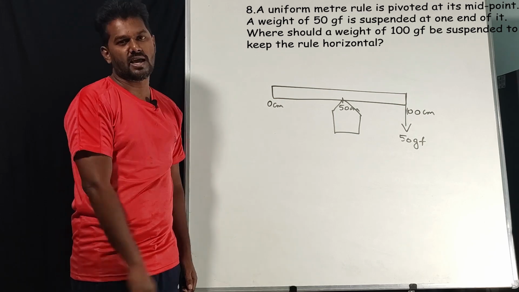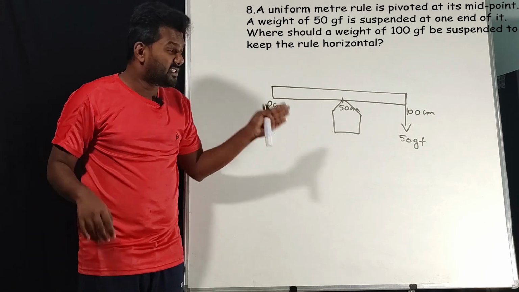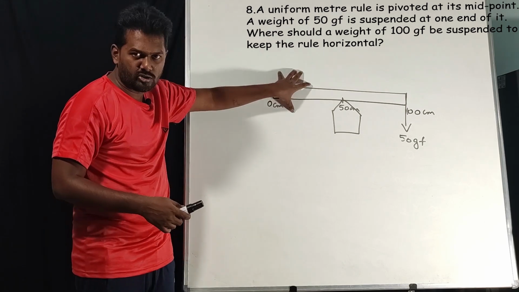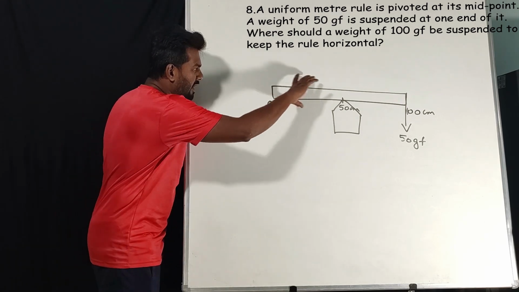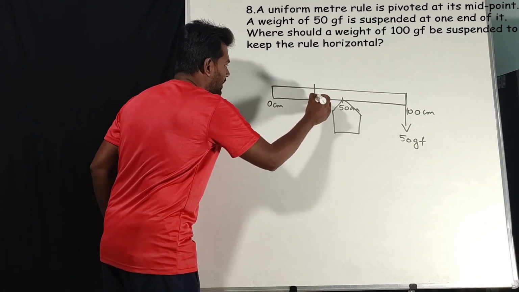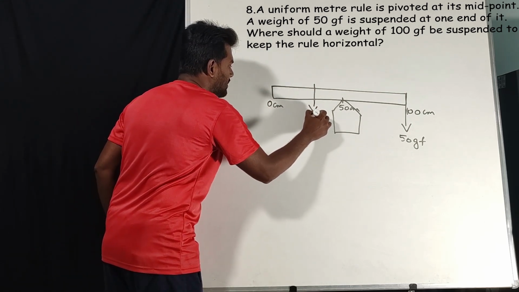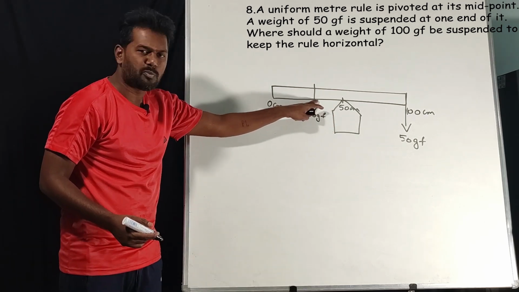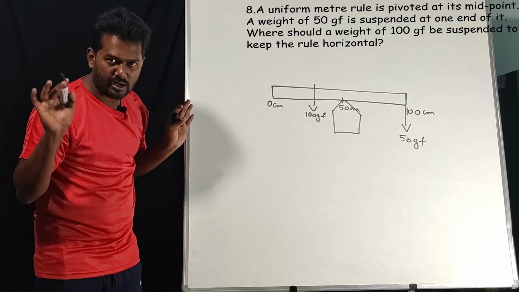No, that is what they are asking. This is the first question, that is why I am telling you in detail. Now you understood the concept. We don't know where to keep this 100 g of load. Assume somewhere here, but the exact point we don't know. That is what we are going to calculate.